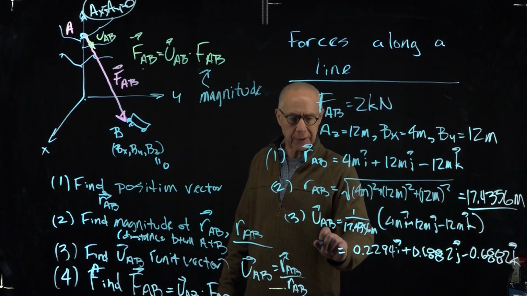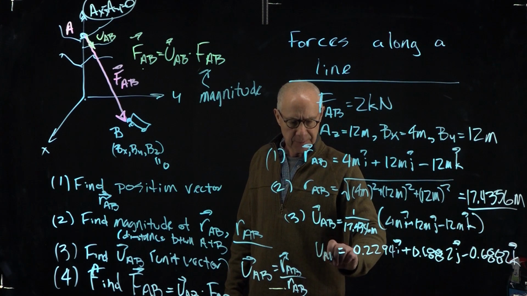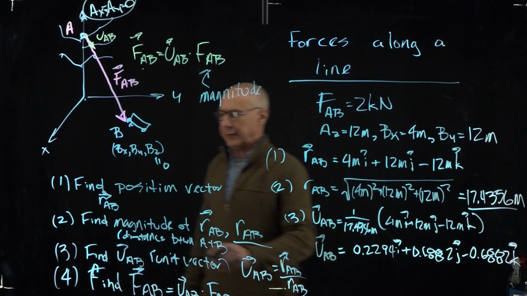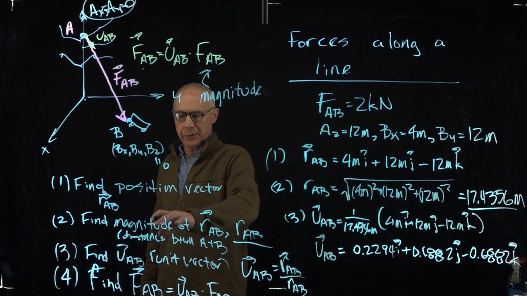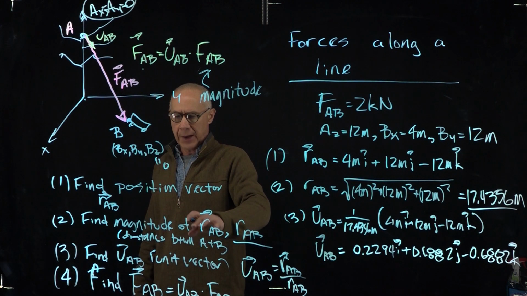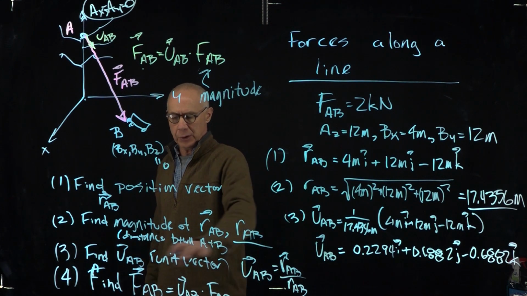Sorry, I'm getting a little messy here. Okay, so that's my unit vector. So we've done step 3, right? We found our position vector, RAB. We found the magnitude of RAB. We divided the position vector by the magnitude to find the unit vector.